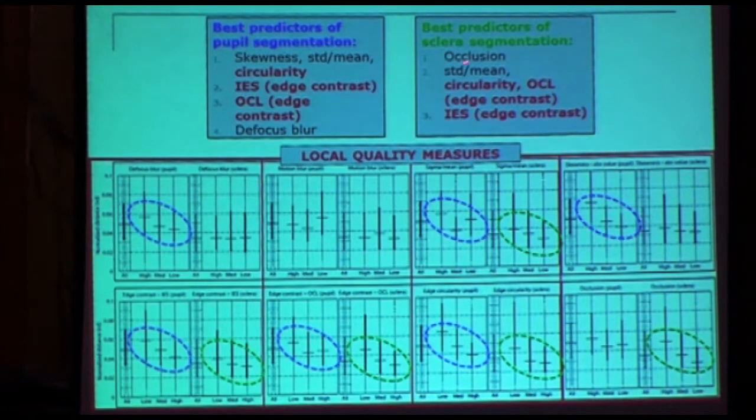And concerning the sclera, the most important factor affecting the performance of the segmentation is the occlusion. So this is a remarkable result here. This is not affecting the pupil because in our database the pupil is not too much affected by occlusion, but for the case of the sclera, this is the factor impacting the most the segmentation.